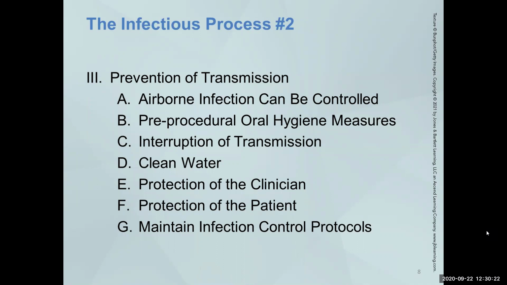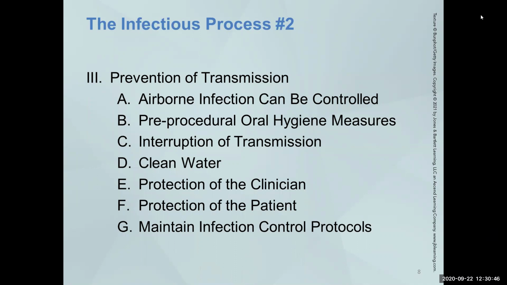solutions, but think about where the virus is. It's in your lungs. You do a pre-procedural mouth rinse, you swish and spit. Well, if you are breathing from your lungs, where's the air coming from? That pre-procedural rinse isn't getting to where the nidus of that infection is.